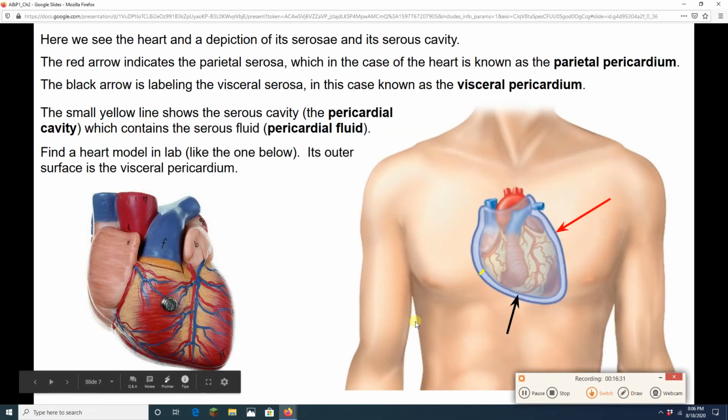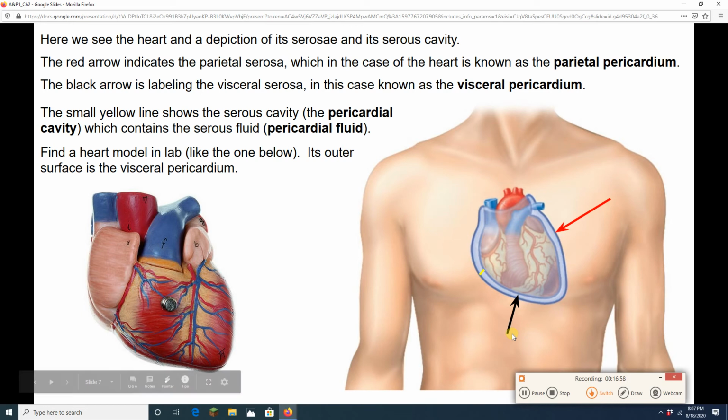Let's now apply this to the heart. Okay, if we look at the heart, there it is right there. This heart has been drawn to show you a double membrane around it. You can see the two membranes. The inner one, the black arrow there, is the visceral serosa. Because it's around the heart, it's called the visceral pericardium.